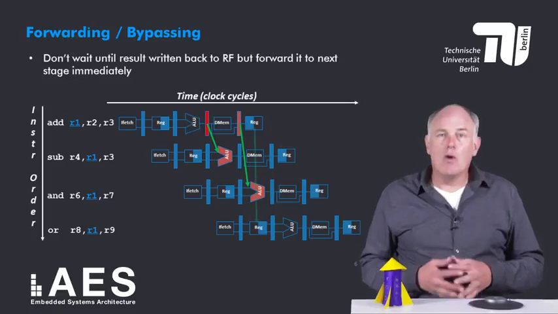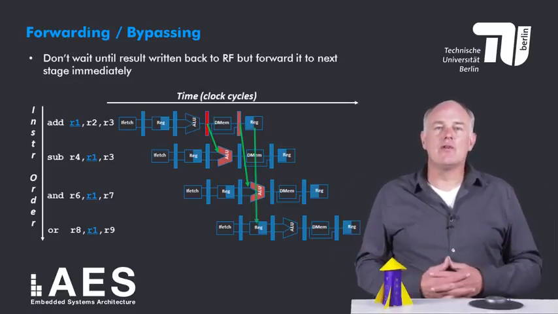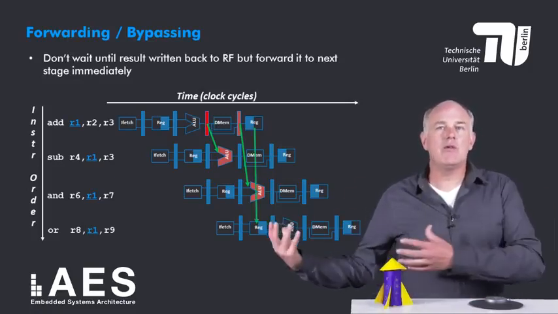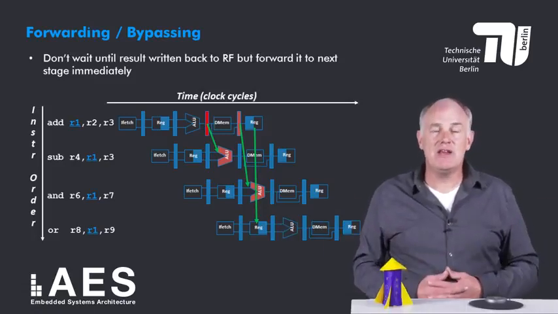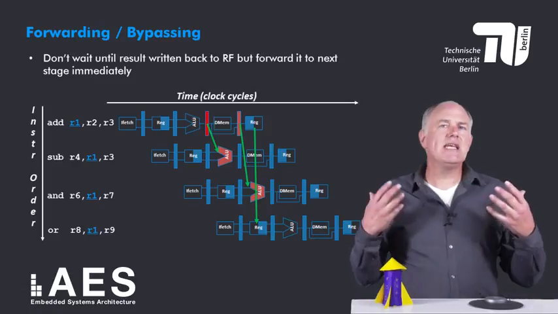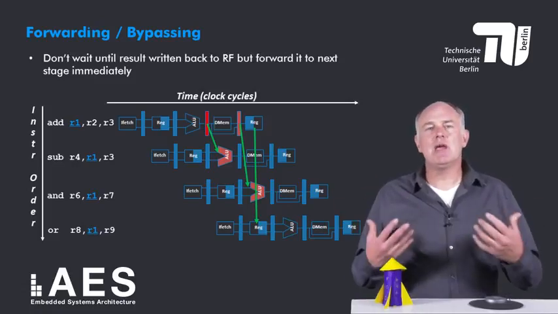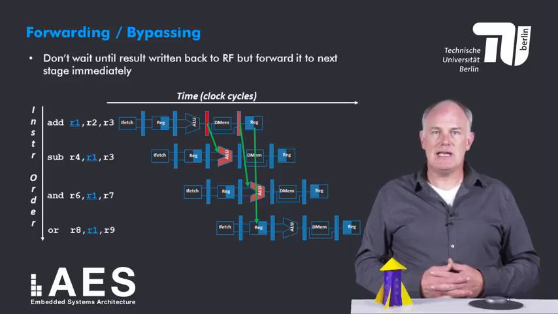Finally, the OR instruction also needs the result of the add operation, but now it's already available in the register file in R1 as indicated by this green arrow. So we see that some extra hardware can be used to eliminate most data hazards.